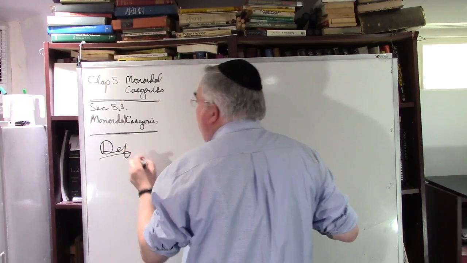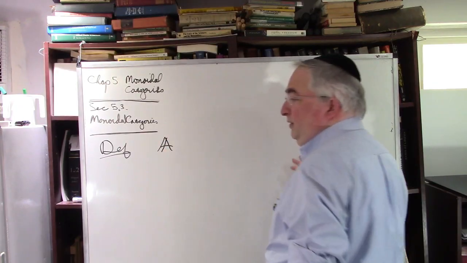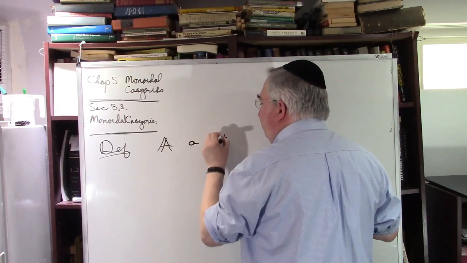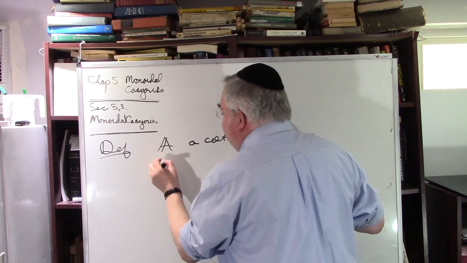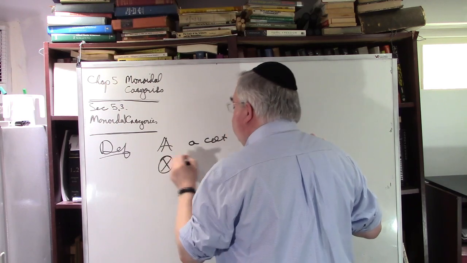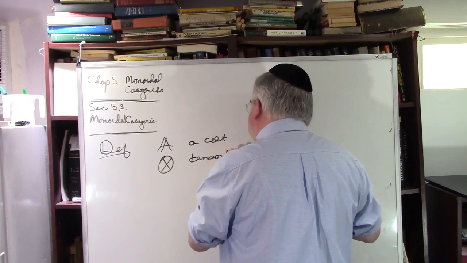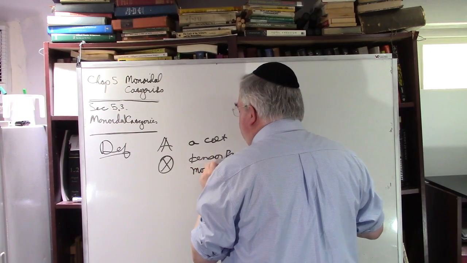Definition. A monoidal category is a category, and we're going to endow this category with more structure. It's got a bifunctor, which is called a tensor product, or called a monoidal product.